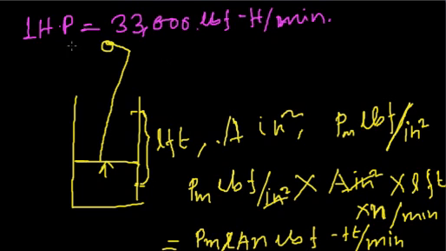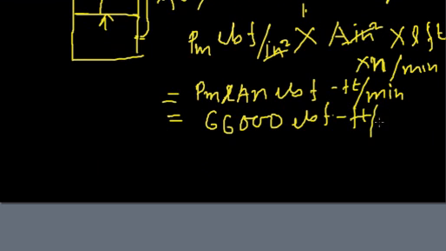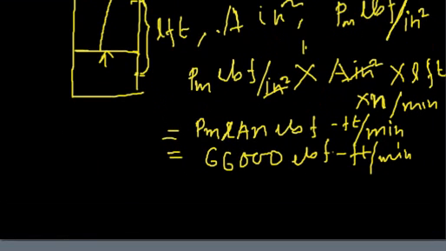Now we know that 1 horsepower is this much pound force foot per minute. So for example, let us say that for this engine, if we put these values pm, L, A and n, 66,000 pound force foot per minute is coming. Then how much is the horsepower of this engine?